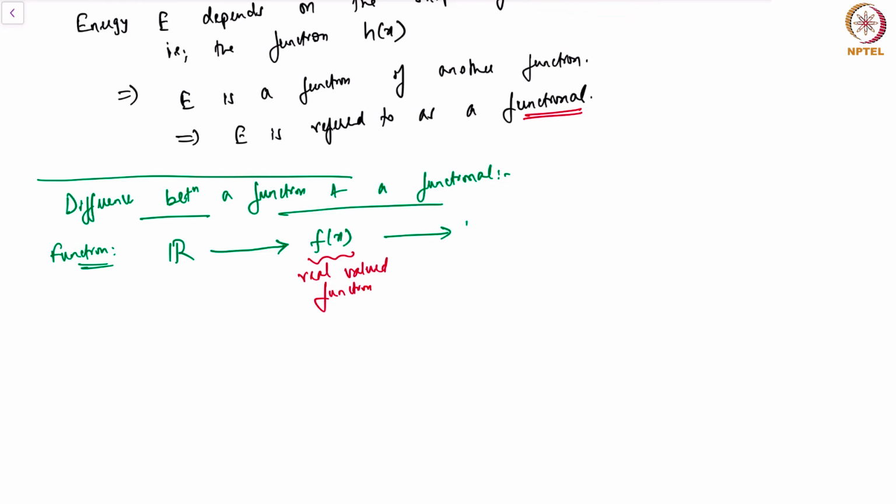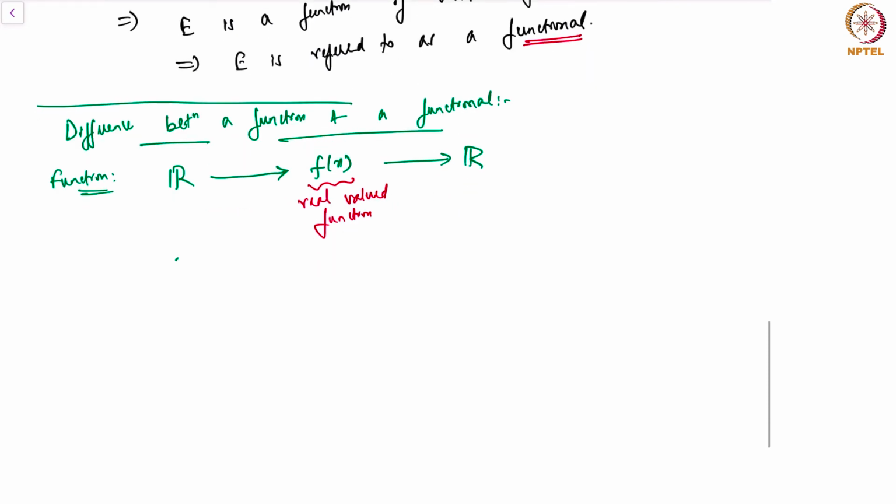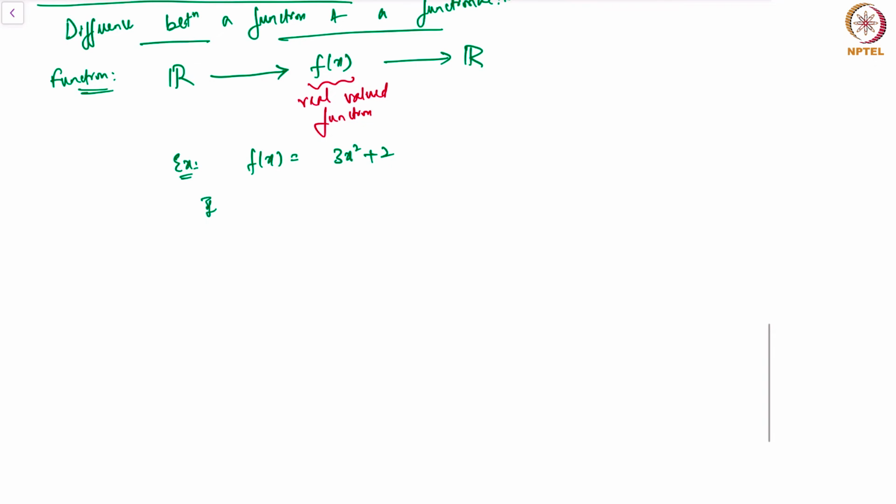The output will be another real number. So I give an input as a real number, the output will be a real number. Let's consider an example. Let's say f of x is 3x squared plus 2. So if x is equal to 2 and I input this into the function f of x, then what's the output I get?